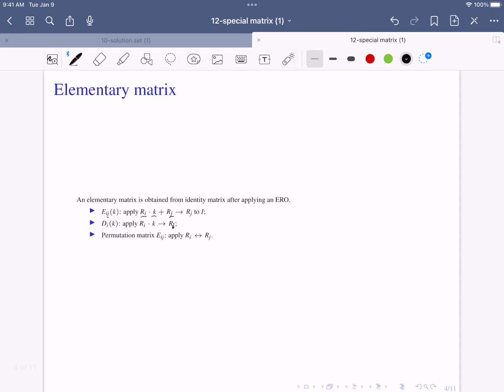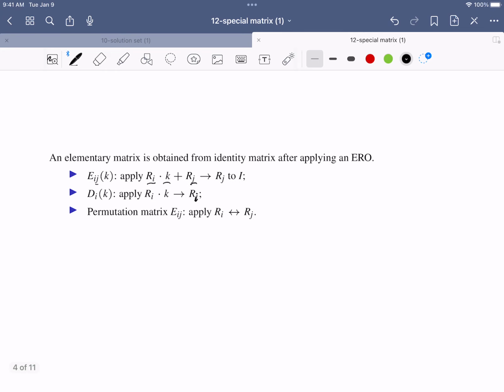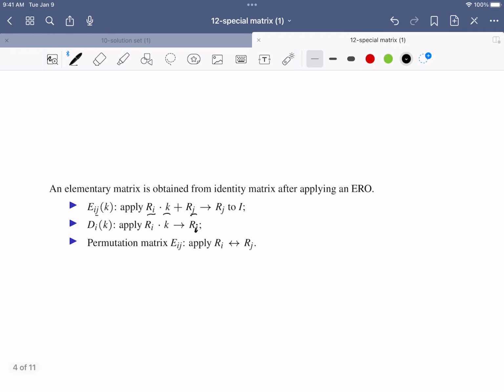Elementary matrix. The second category is elementary matrix, which is obtained from the identity matrix after applying an ERO. So there are 3 EROs we have introduced. One is called replacement: k times the ith row plus the jth row replaces the jth row.